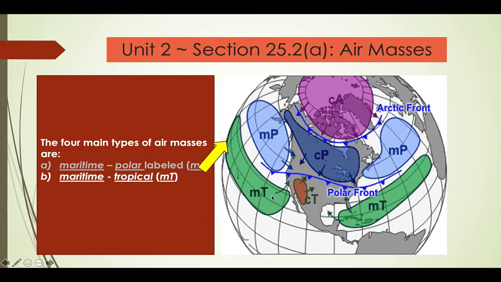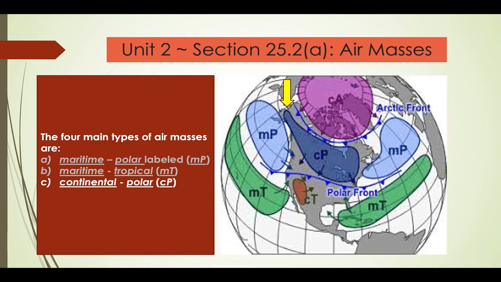Maritime tropical, something comes off either the Pacific up towards us, or comes off the Atlantic or the Caribbean towards us. Those are maritime that come from the south, tropical, so little m, capital T. So these guys are maritime tropical sources.